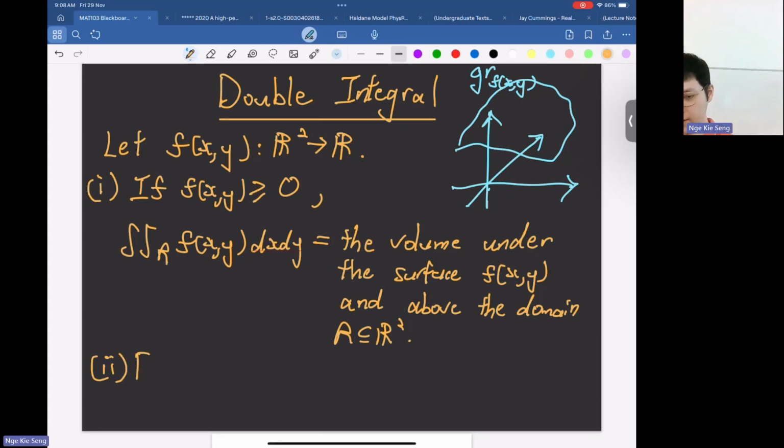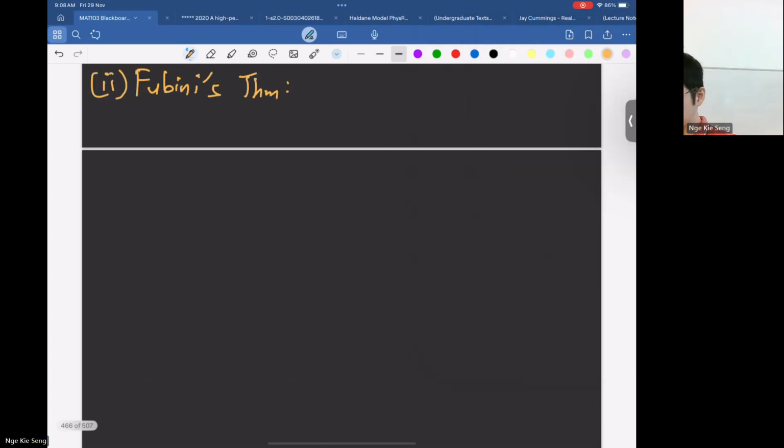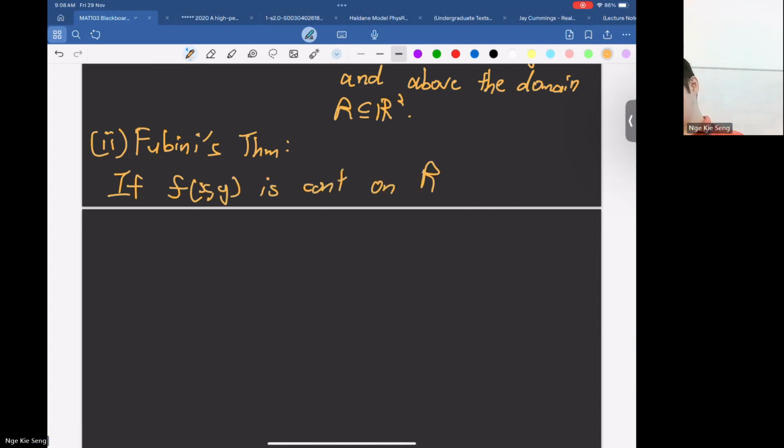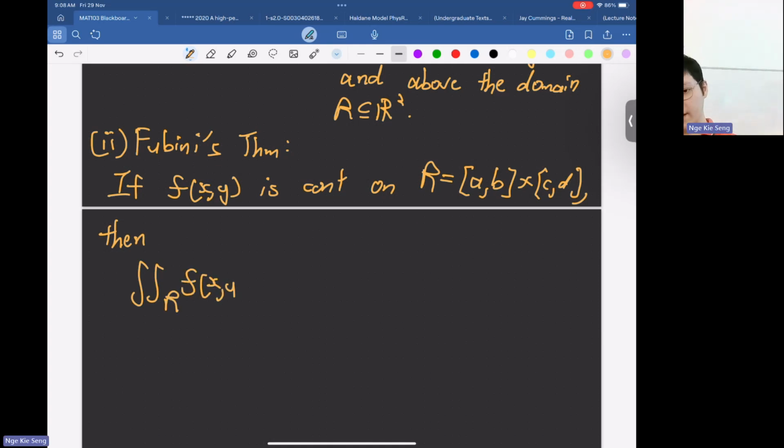The other way is what is called Fubini's theorem. Fubini's theorem is kind of powerful. So how powerful is it? If your function is continuous on a rectangle, then how do you do the double integral? It doesn't matter what order you integrate in. What do I mean by order? You can write this double integral as an iterated integral.